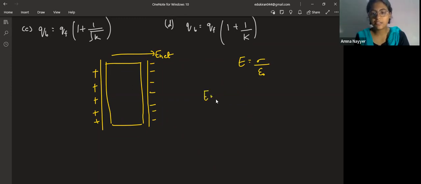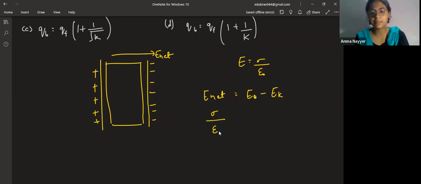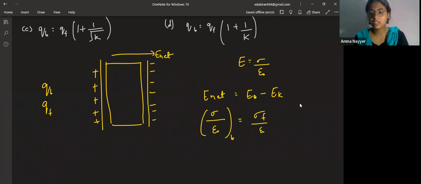So the net electric field is actually equal to E naught with air minus E K with the dielectric constant. So E naught will be sigma by epsilon naught. This is actually of the bound one, right? Equal to sigma free. Why am I writing sigma? Because QB, QF, I can equate it with sigma divided by epsilon naught minus sigma F divided by K times epsilon naught, right?